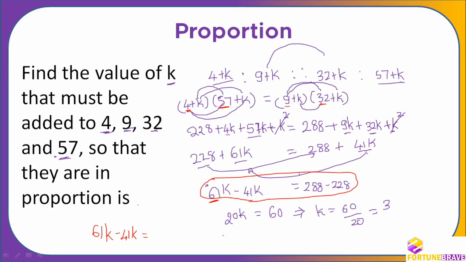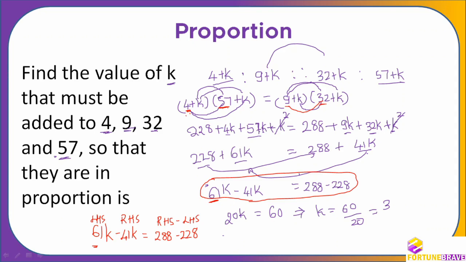Now reverse: here LHS has to come first and RHS will subtract, so 9 into 32, which is equal to 288, and 4 into 57 is equal to 228. Only these two numbers are very important, whatever numbers are given.